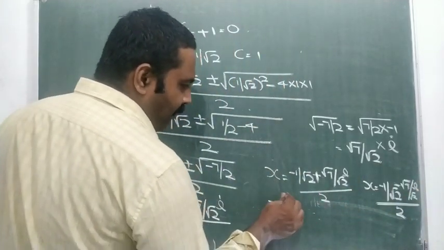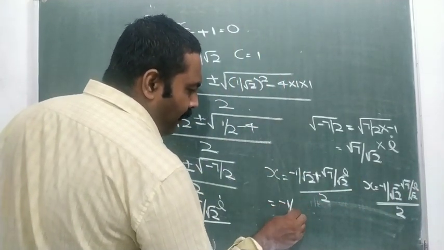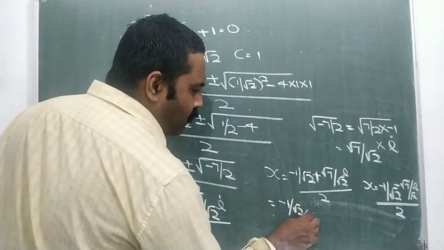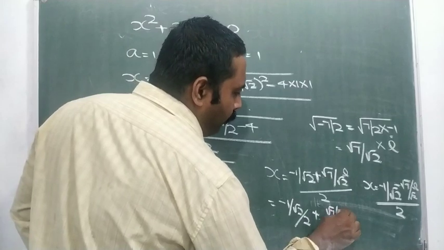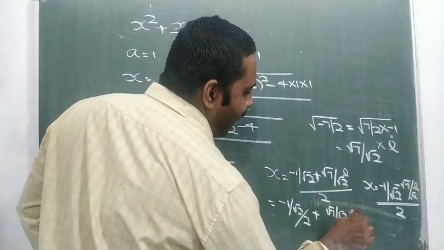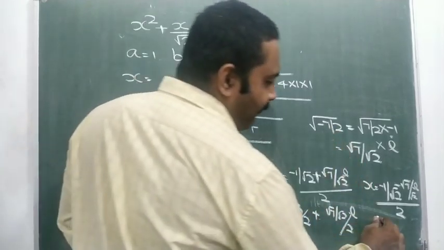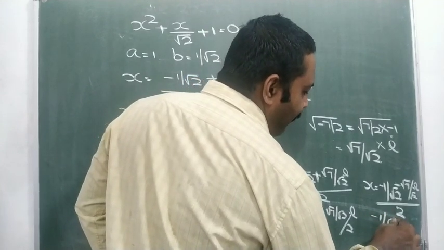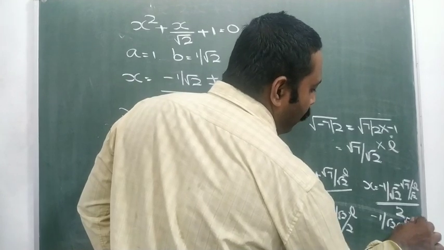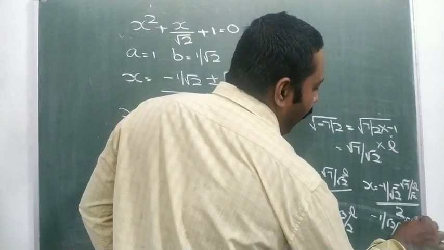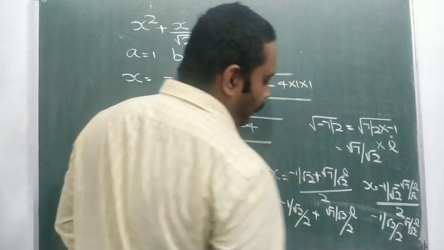To separate: minus 1 by root 2 by 2 plus root 7 by root 2 by 2 i, or x is equal to minus 1 by root 2 by 2 minus root 7 by root 2 by 2 i.